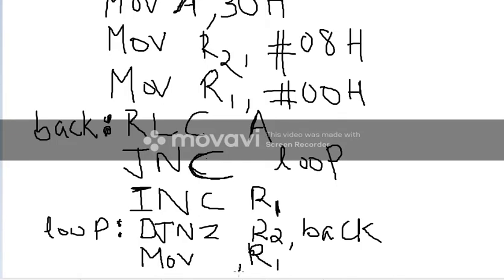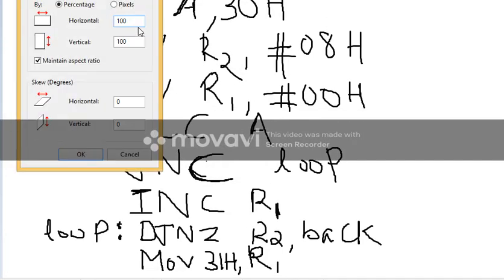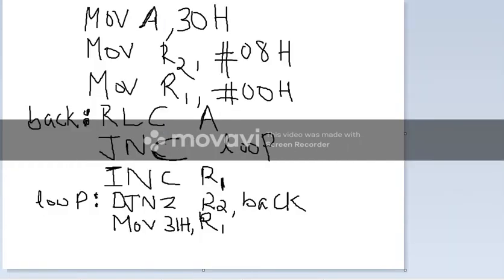That has to be stored to internal RAM location 31H. So this is the program to count the number of ones and store it in 31H.